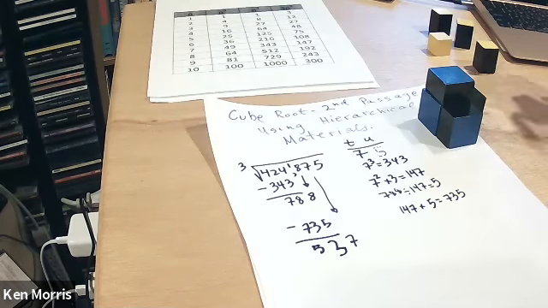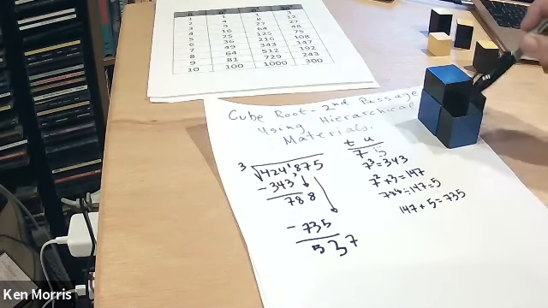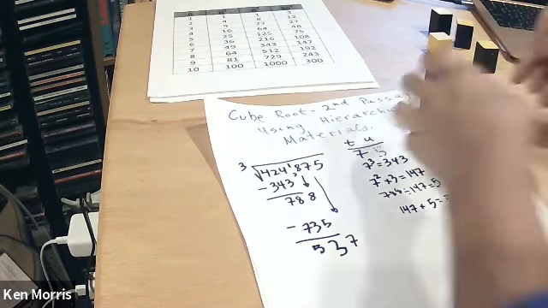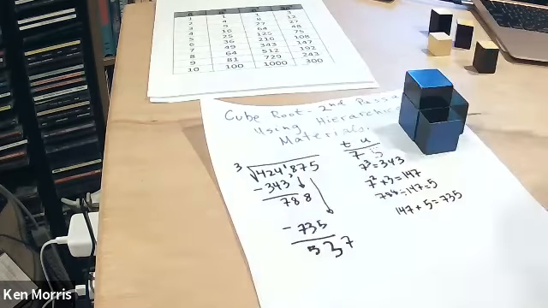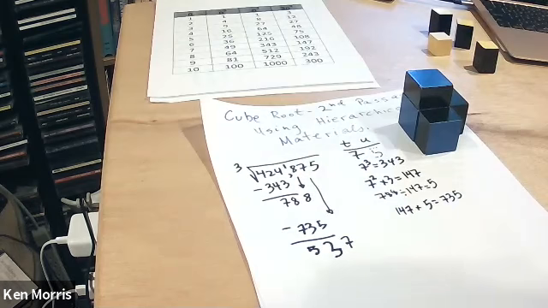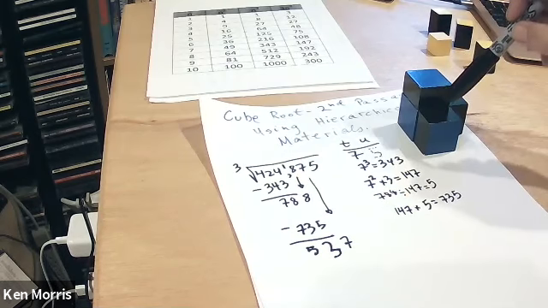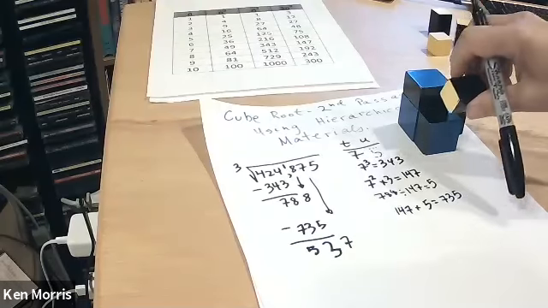So now we continue. We now know that we need to build here and here and here. Put that right there. Okay. So we know that we're going to need to use 5 squared times 7 taken 3 times.